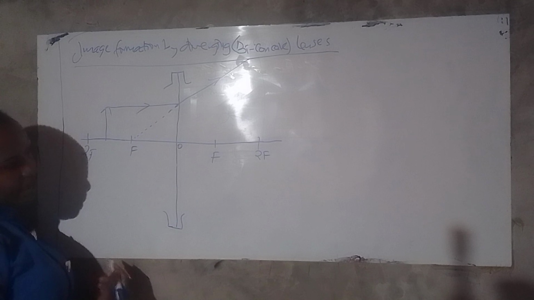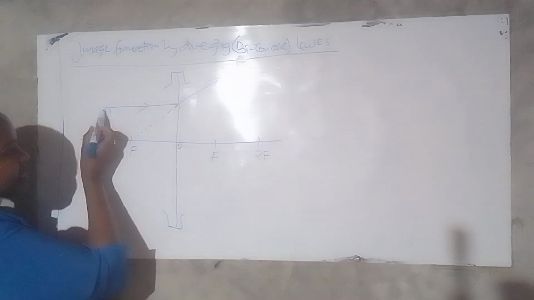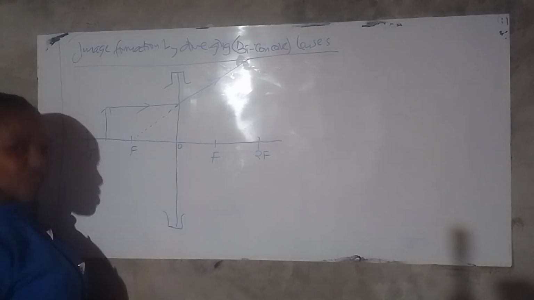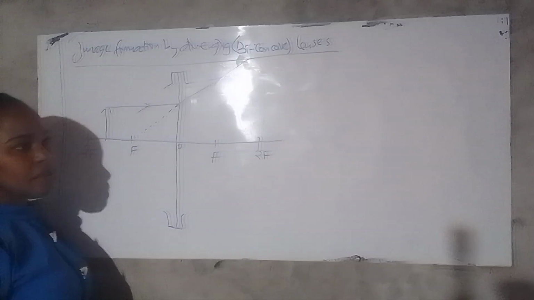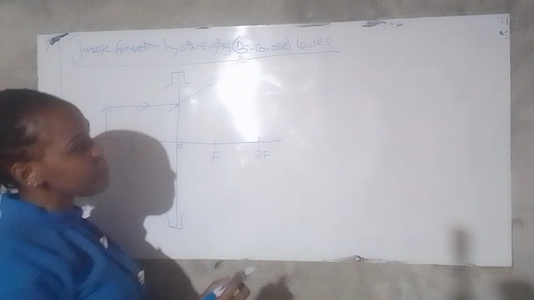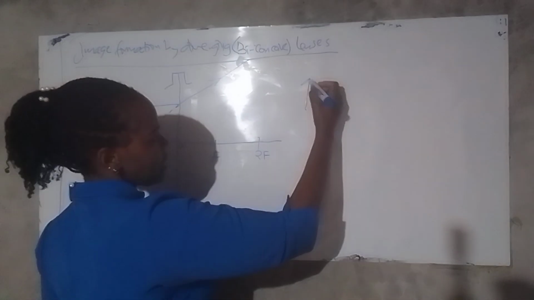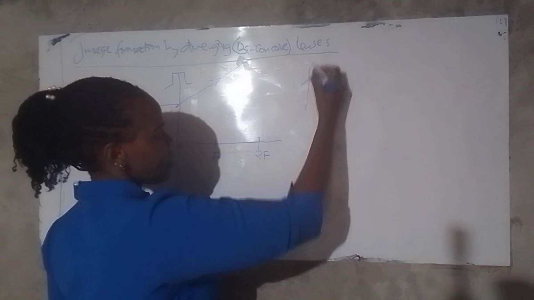The other ray we can have is the one that is very obvious. A ray that is coming from the tip of the object through the optical center. That ray, we said, passes undeviated. Remember, we said any point on an object you choose is a source of many rays.